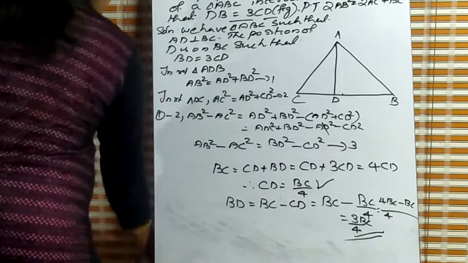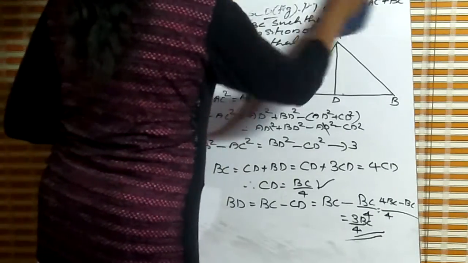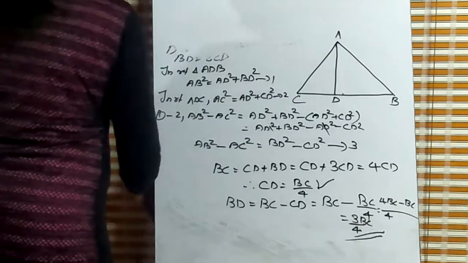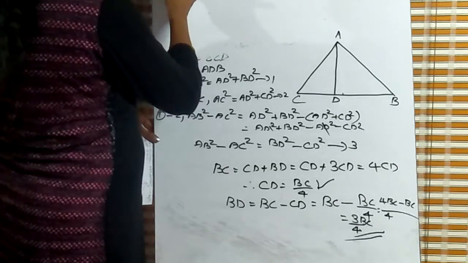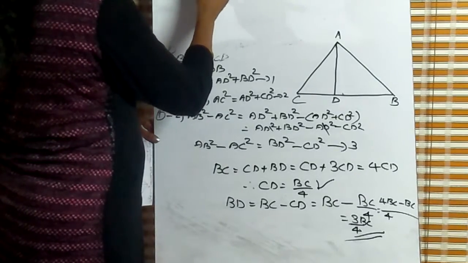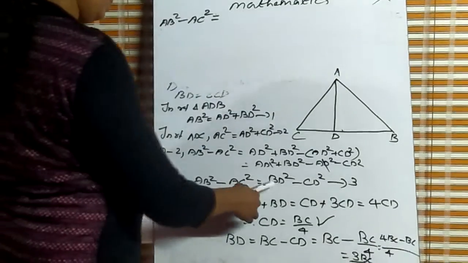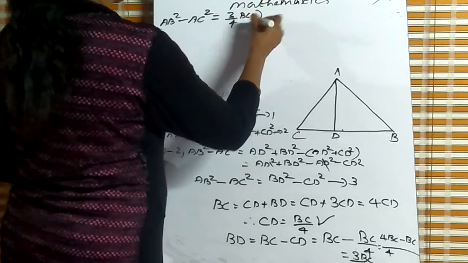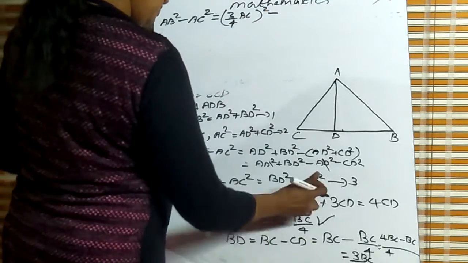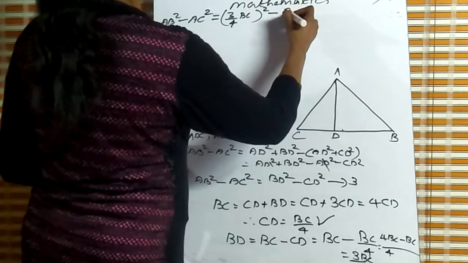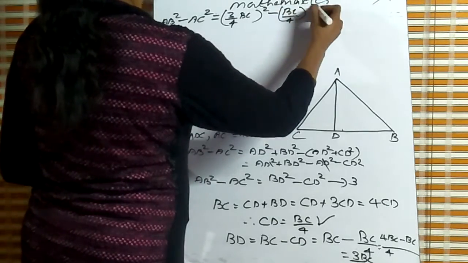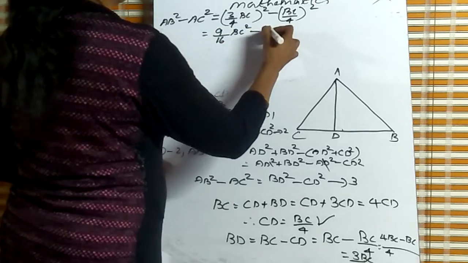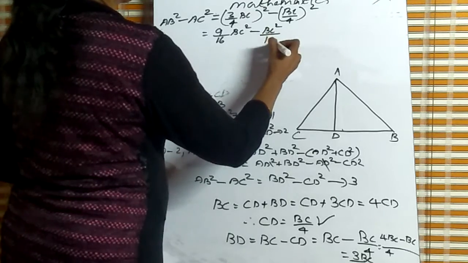Substitute the values in 3. We get AB square minus AC square is equal to, what is BD? BD is (3 by 4 BC) whole square minus CD, CD is (BC by 4) whole square, equals 9 by 16 BC square minus BC square by 16.